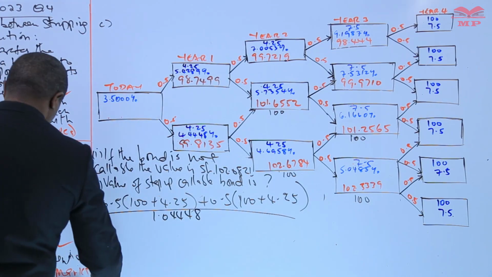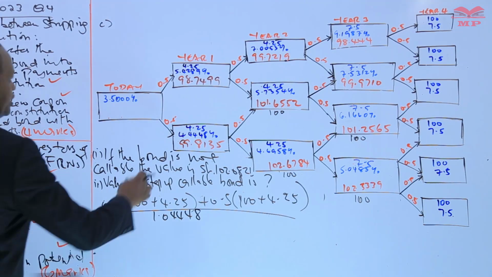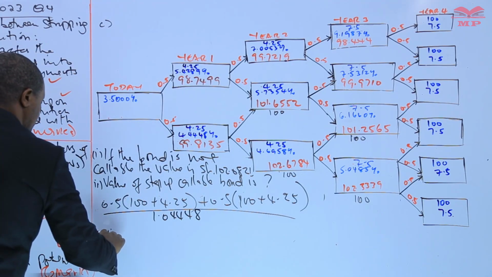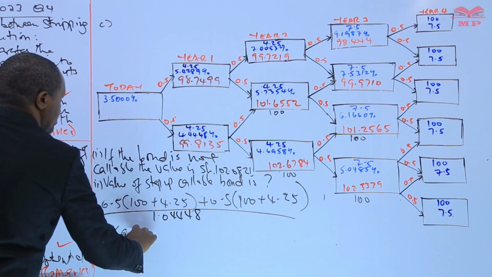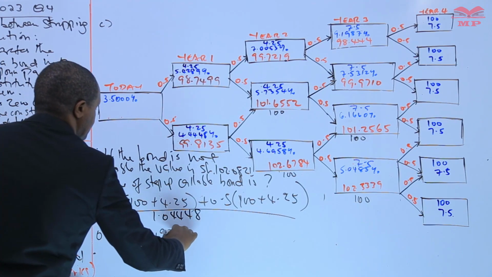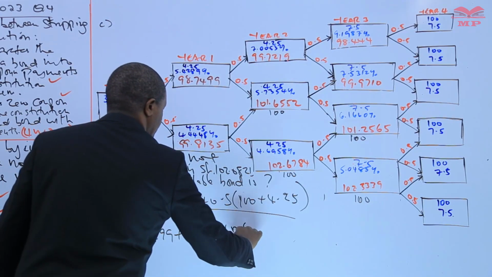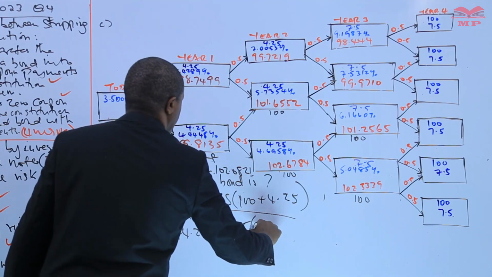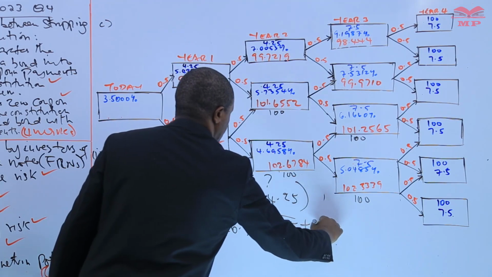Then we are going to carry out the last operation. The last operation will add this and that times 0.5. 0.5 times 98.7499 plus 4.25 plus 0.5 times 99.8135 plus 4.25.